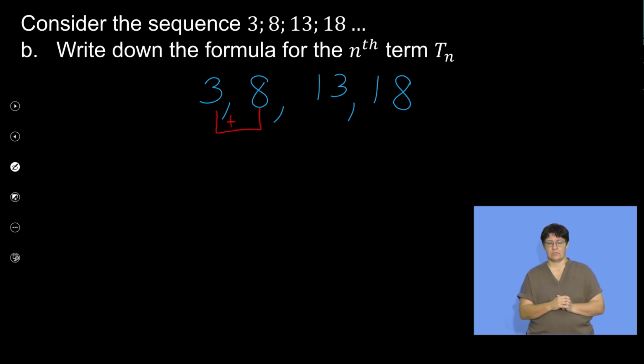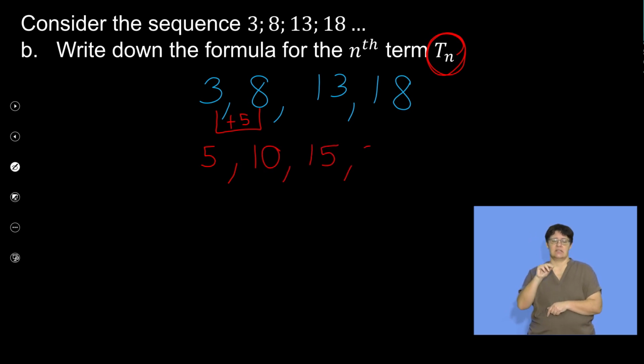So we know that the common difference is 5, and I need to determine the nth term Tn. So I need a mathematical rule that is going to help me. Now, just as a problem-solving strategy, I'm going to look at the number 5, and I'm going to list the multiples of 5. So we've got 5, 10, 15, 20, going on.